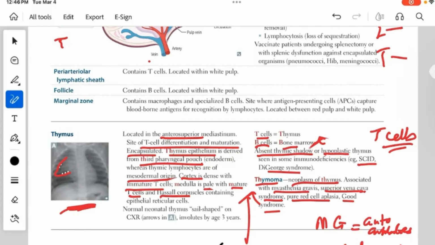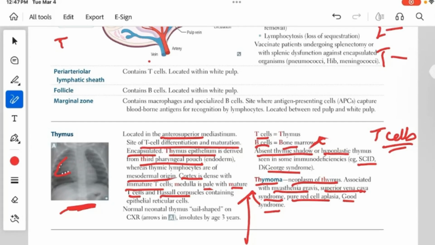Okay, so for pure red cell aplasia, what happens there? You find a patient also with a thymoma plus anemia. That's it. It doesn't affect platelets or white blood cells.